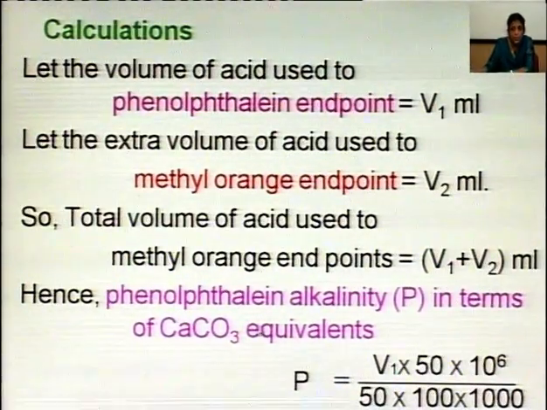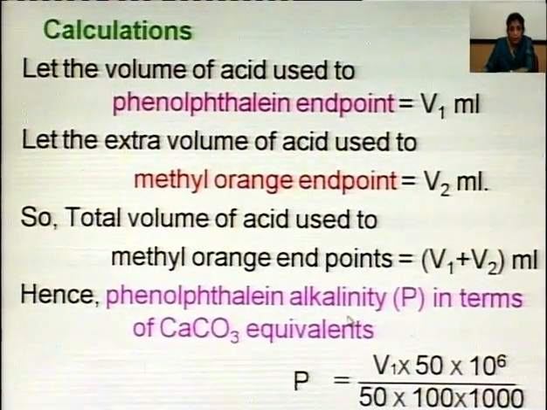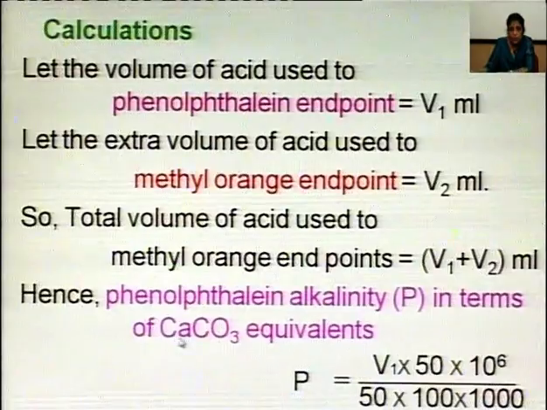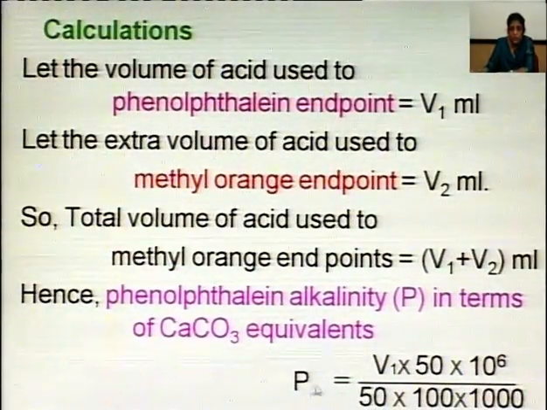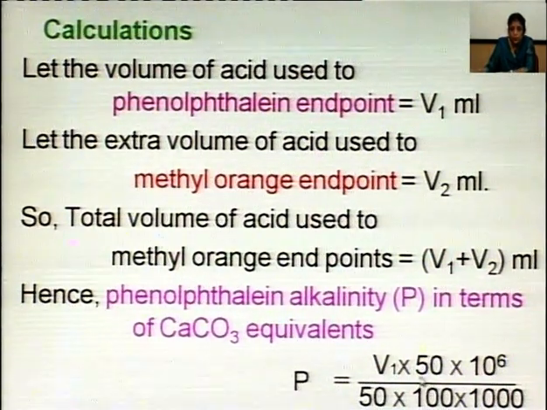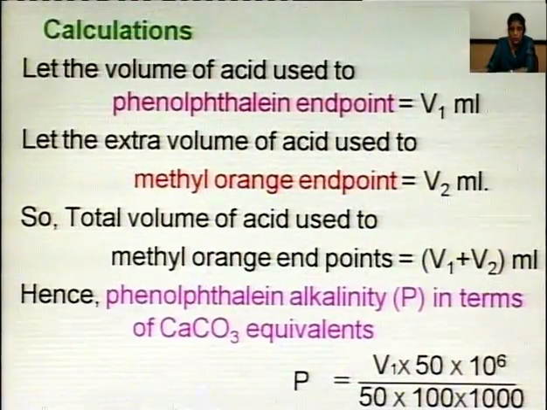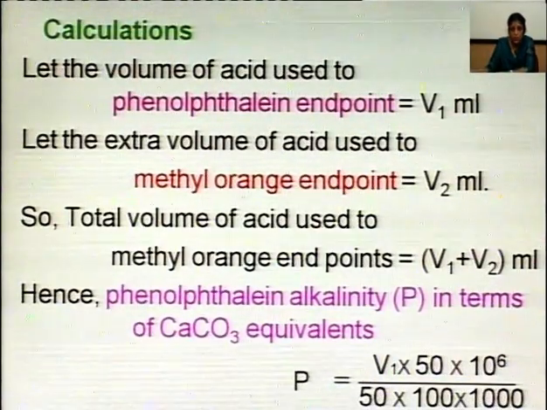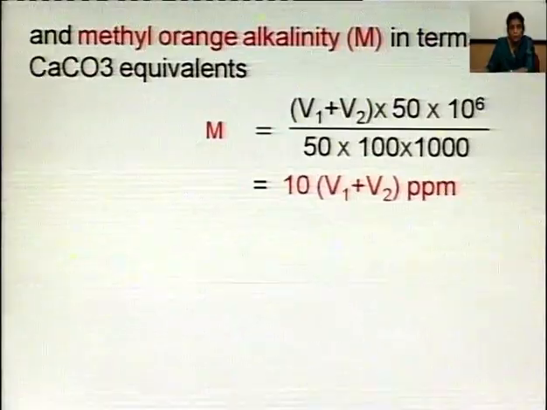Hence, phenolphthalein alkalinity, due to hydroxide and carbonate ions, in terms of calcium carbonate equivalents will be V1 into 50 into 10 raised to power 6 divided by 50 into 100 into 1000. On calculating, this comes out to be 10 into V1 ppm.